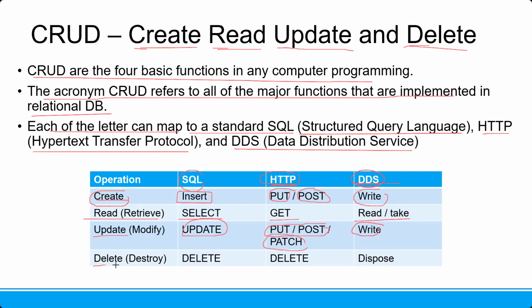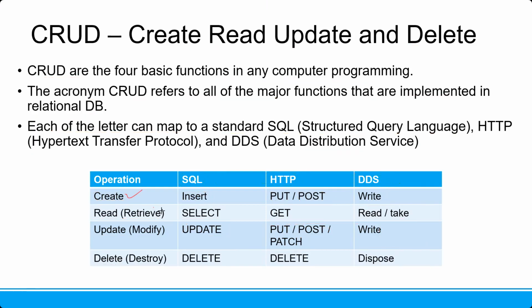And if you want to delete or destroy, then you can use the word delete, and you use dispose for DDS. So this is just the basic one. And we are going to do this with the basic create, read, modify or update, and delete. So this is the CRUD.